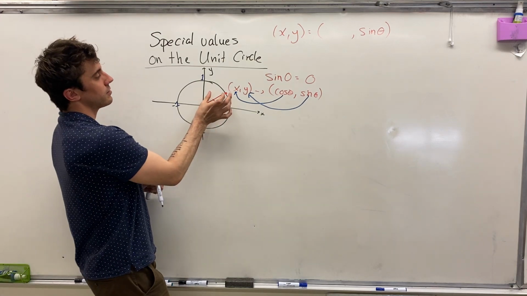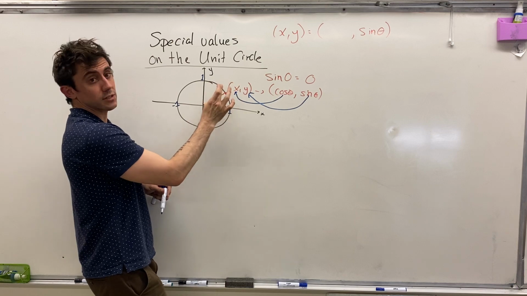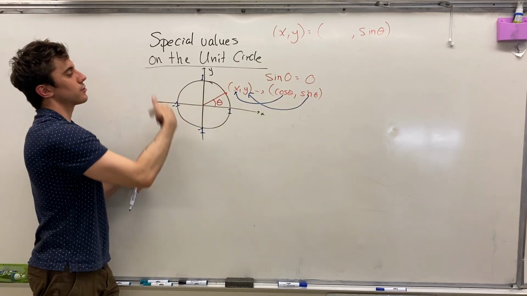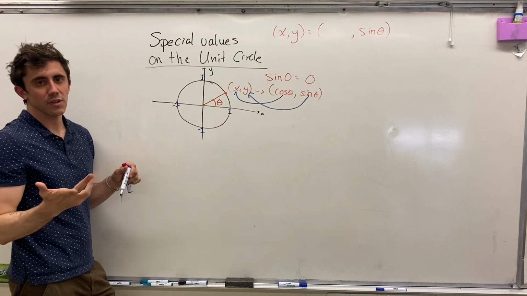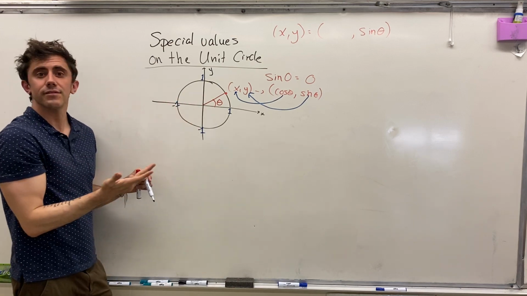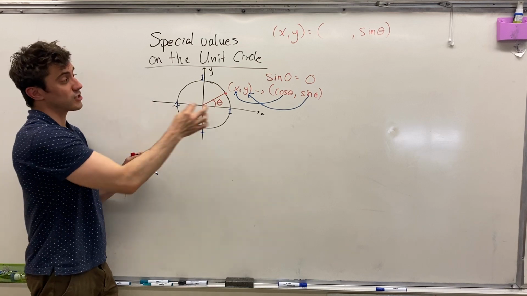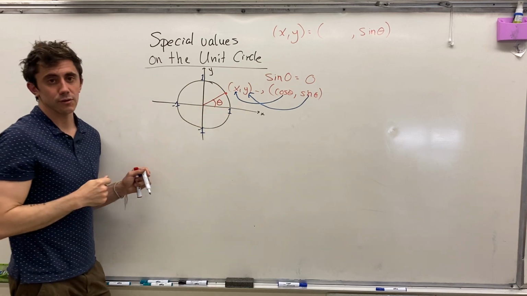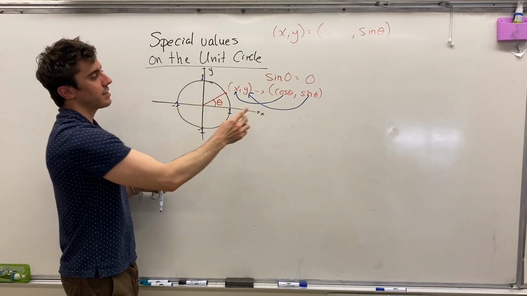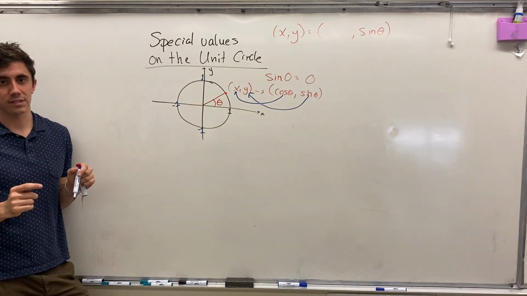So if we can learn the special values in the first quadrant and we keep this relationship in mind, getting the other 3 quadrants becomes a simple exercise of remembering the sign, the positive and the negative, okay? And that's really easy to do if you have a visual sense in your mind of how the unit circle tracks along the 360 degrees and how cos and sine relate to the x and y coordinates, okay?